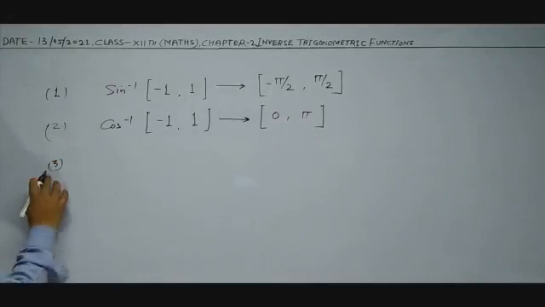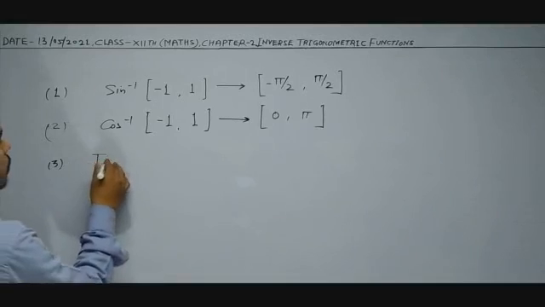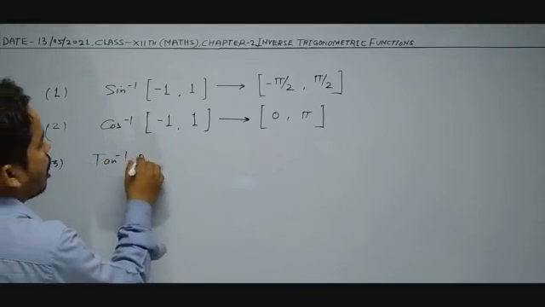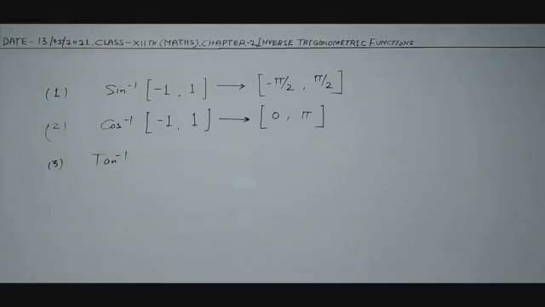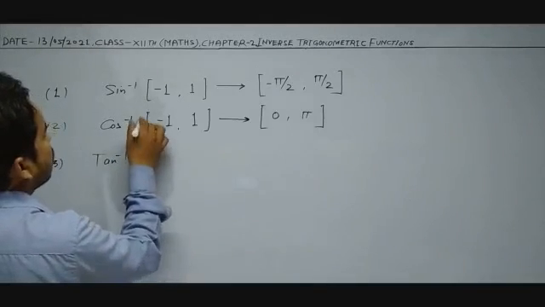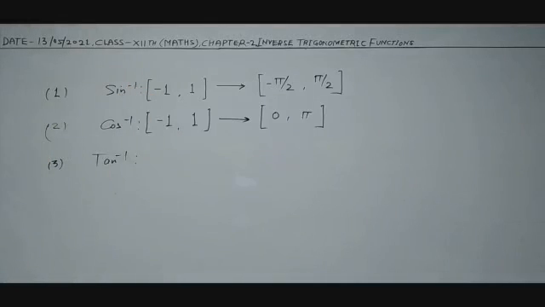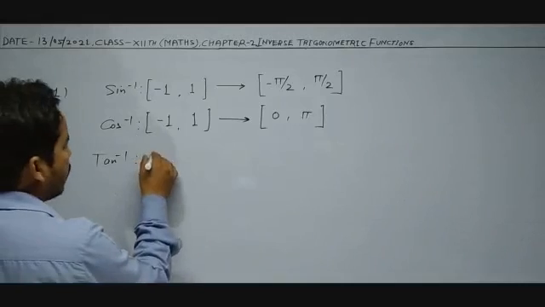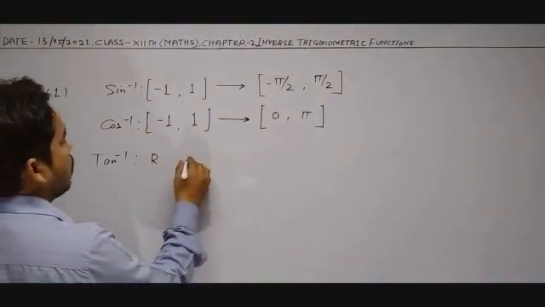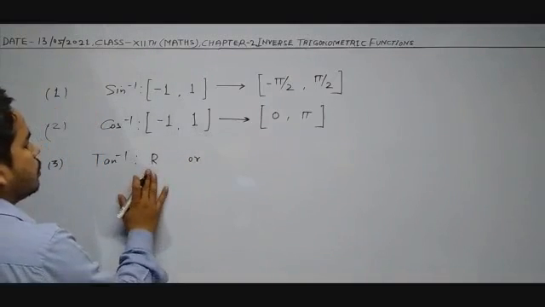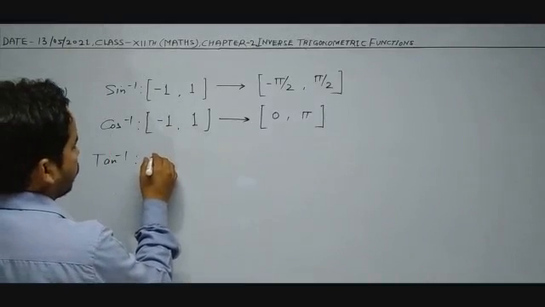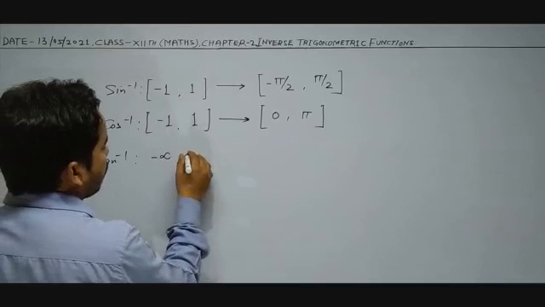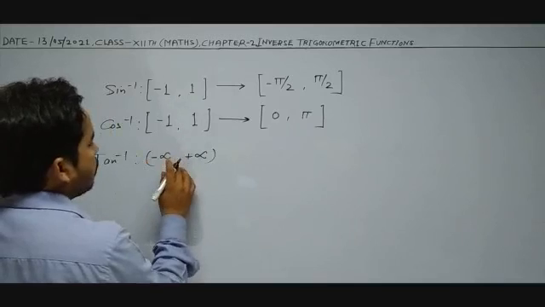Third is tan inverse R. Tan inverse R means real number, and a real number we can write R, or this one also can be written as minus infinity to plus infinity in open intervals.